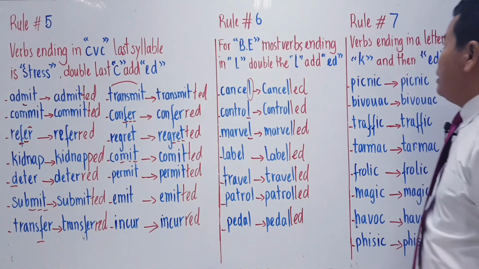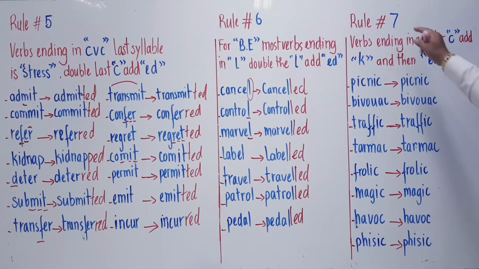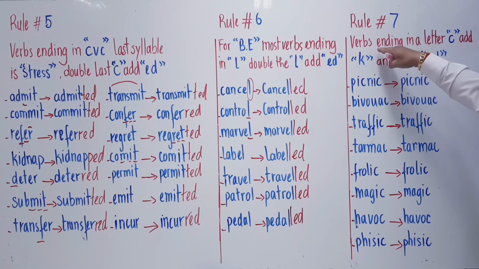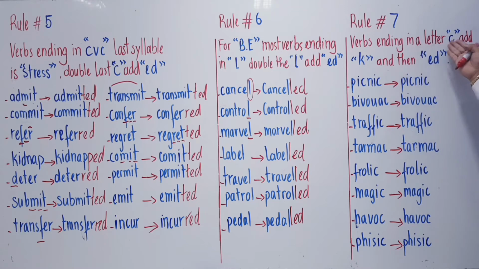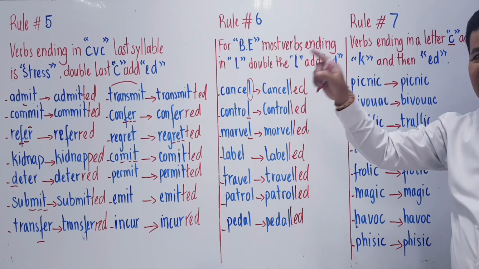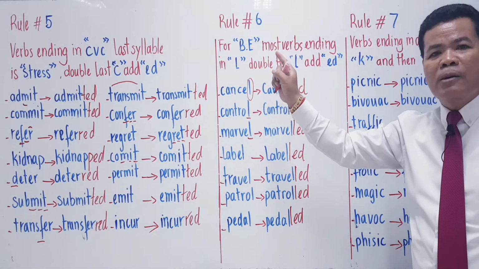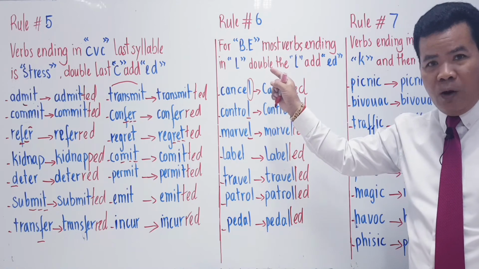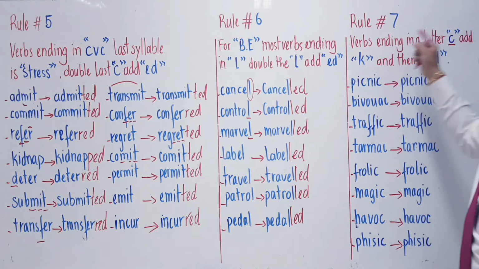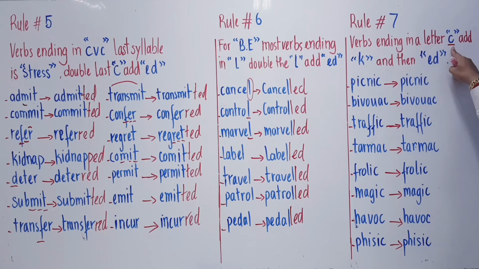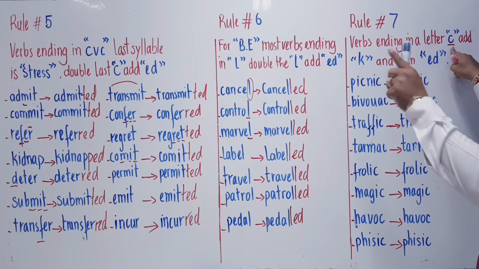Let's go to the last rule, rule number 7. Look at the rule. Verbs ending in the letter C, not consonant. Letter C, not CVC. Do not get confused about CVC. What I mean is verbs ending in the letter C, not consonant like CVC, alright?